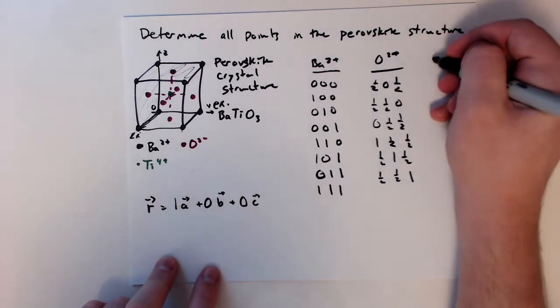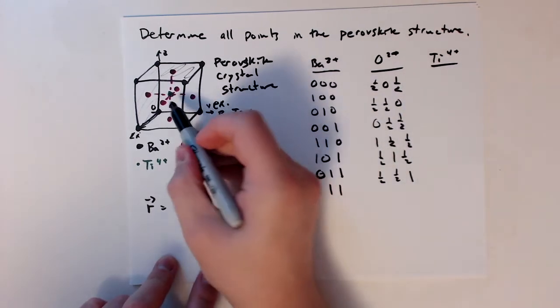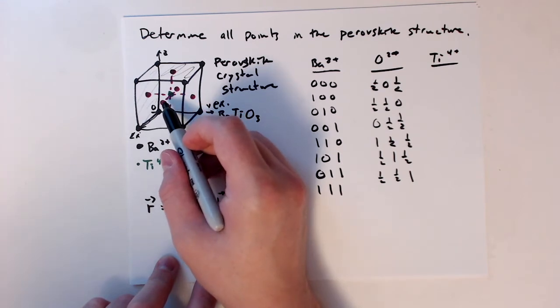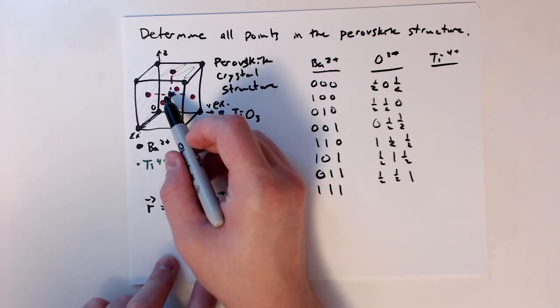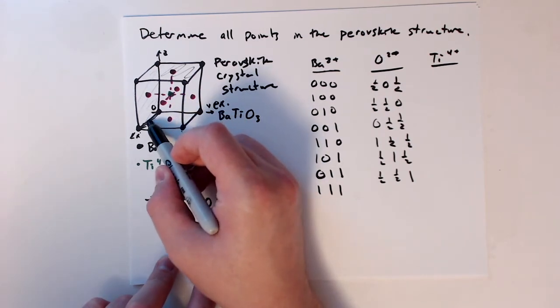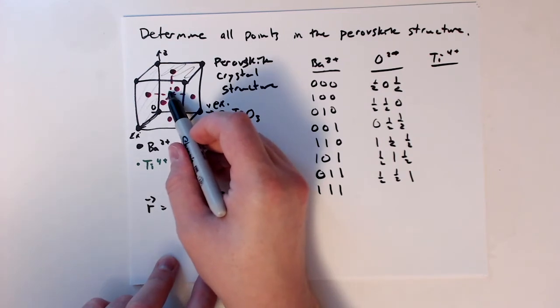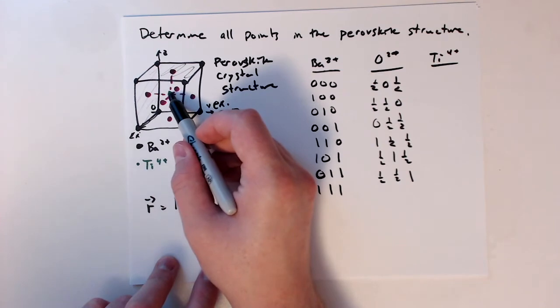And then the last one we have is the titanium ion. That's 1 point right in the middle of the unit cell. And so that will be very similar. It's right in the center of the cube, so you'll know that I'll have 1/2. If I go 1/2, and then another 1/2, and another 1/2 up, that takes me to this midpoint, and that's the vector between the origin and this midpoint.